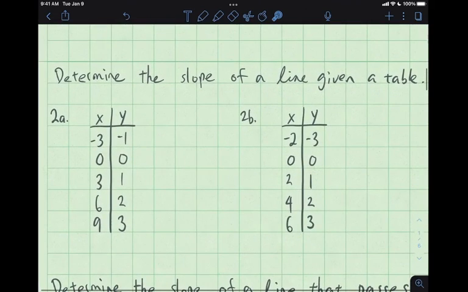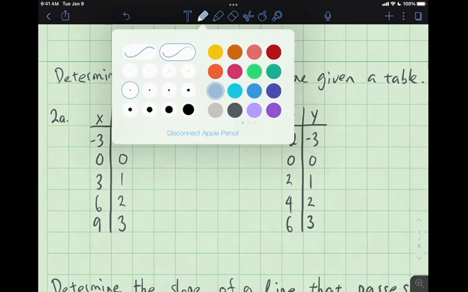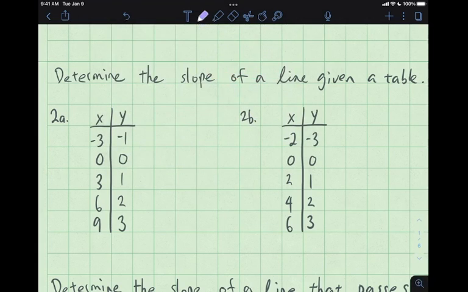So here we have 2 tables. Same idea of slope will happen. Let's use purple. So we think about, what's my change in x and change in y? Going here, we notice the pattern. Change in y's, they're all +1s. And then what's our change in x's?